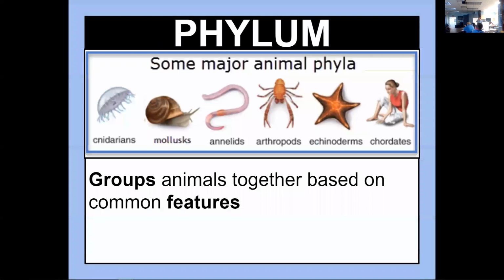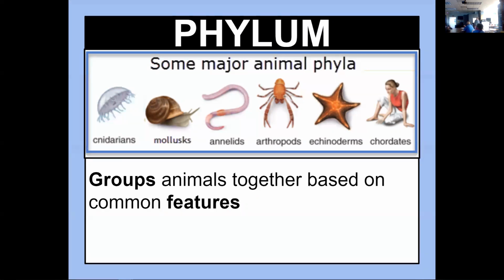All right, phylum. That's the next major grouping. Some of the groups in the phylum are cnidarians. Jellyfish. Yep, jellyfish, very good. Mollusks, snails, also oysters that you can eat. You got the annelids, worms. Arthropods, lobsters.